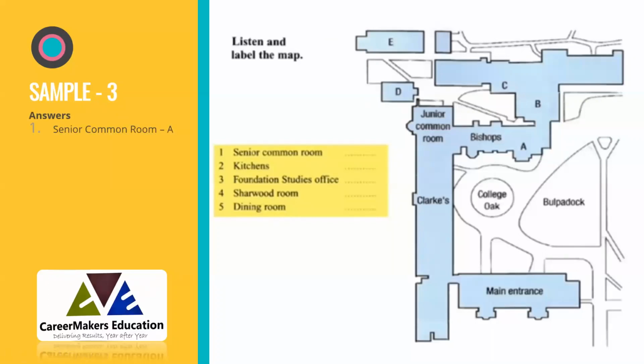The first is the senior common room, which is A, clearly mentioned. The majority of the students got the correct answer. Then second, kitchen.